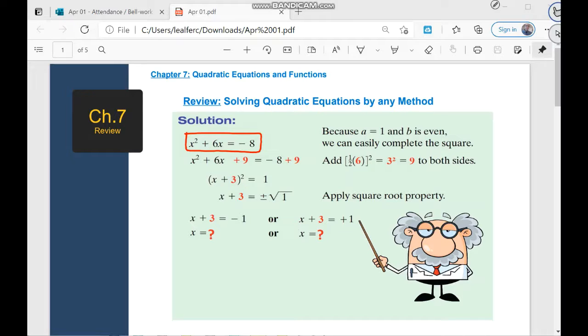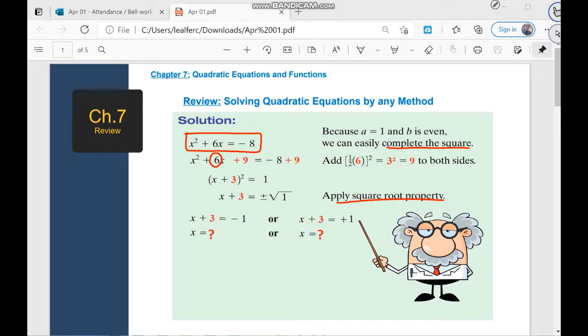But today, on the review, we will see how to apply the complete the square method with the square root property. Okay? And check this out. We have x squared plus 6x equals negative 8. The coefficient b is equal to 6 in that equation.